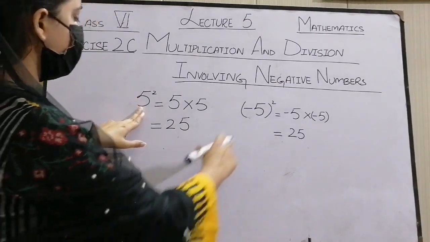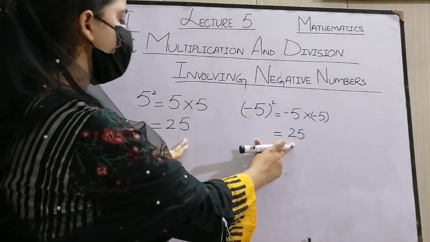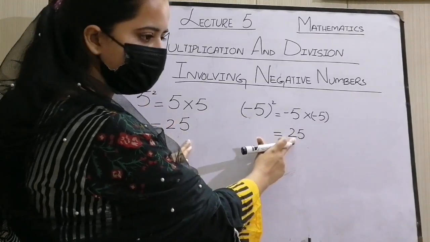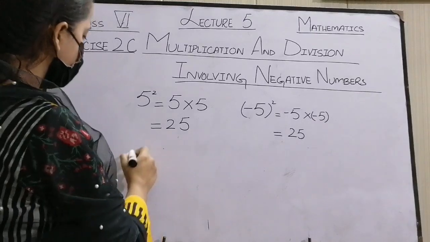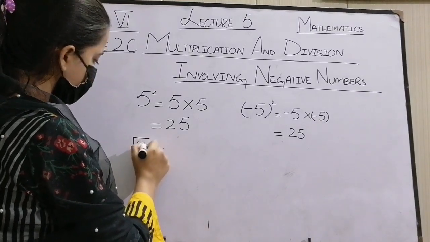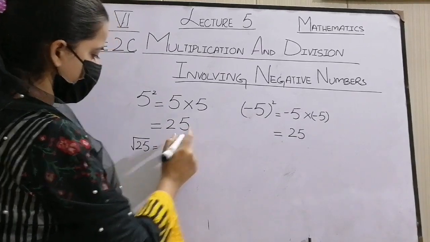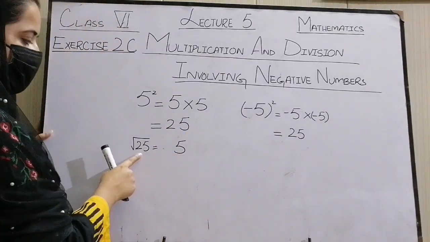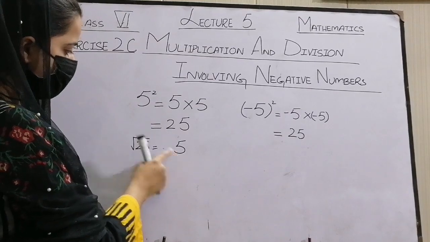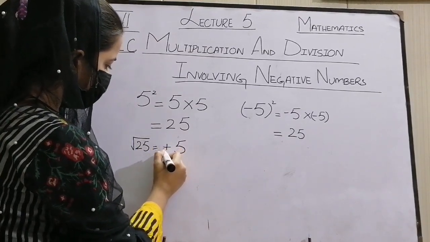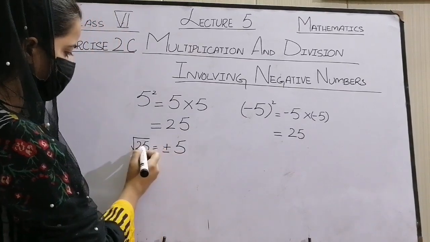We saw that square of two numbers have the same answer. It means 25 square root must contain two signs with it. So when we write square root of 25 is equal to 5, it's not enough, because two numbers give us 25.